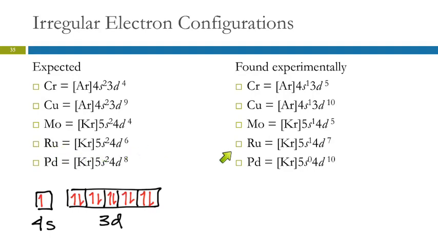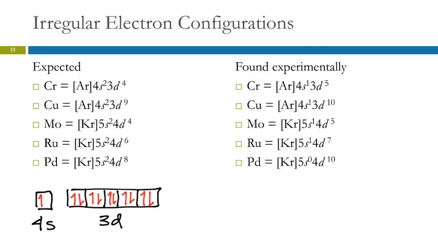This one, I got no explanation for why it does that. 4d7, how does that help? Why did they make a special out of that? I don't know. It's there. This one, 5s2, 4d8. Okay, so what happens here is these two go up there, and then we've got a completely empty and a completely full. That kind of makes a little sense.